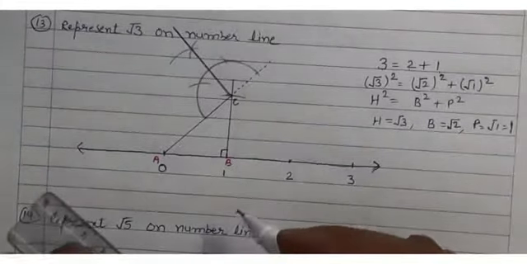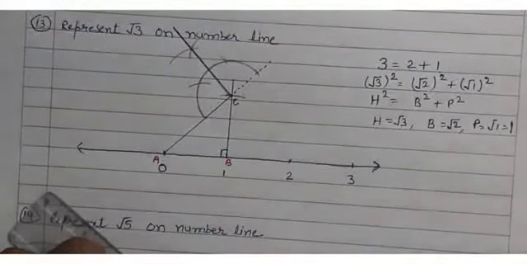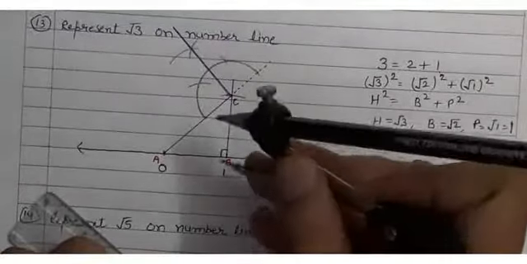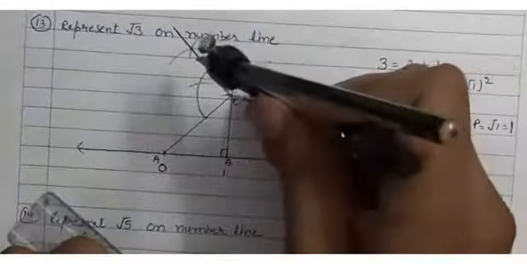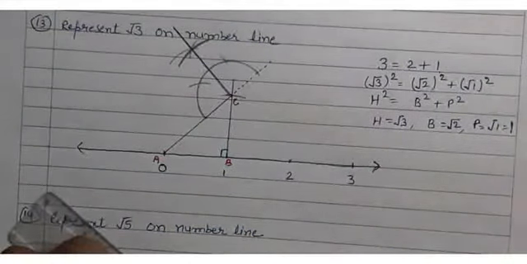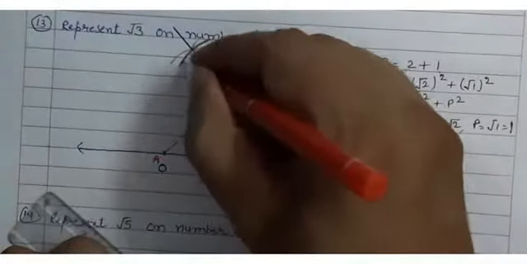Then again, what to do, you have to take one unit, like your 1 inch what you have taken, see here, the same 1 unit you take it and cut one arc. This is the arc I am drawing by different color.